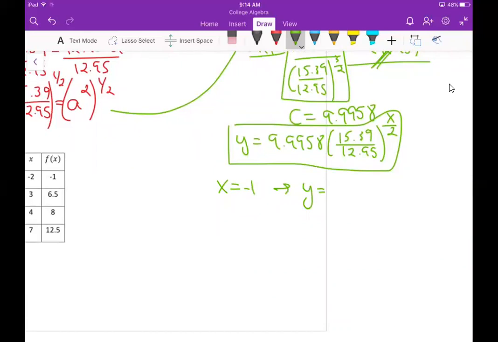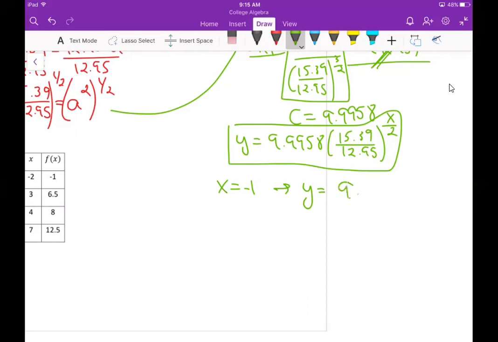When you type that into your calculator, you should plug in 9.9958, open a parenthesis, 15.39 divided by 12.95, close the parenthesis, hit the power key, open a parenthesis, type in -1 divided by 2, close the parenthesis, and get a value out.